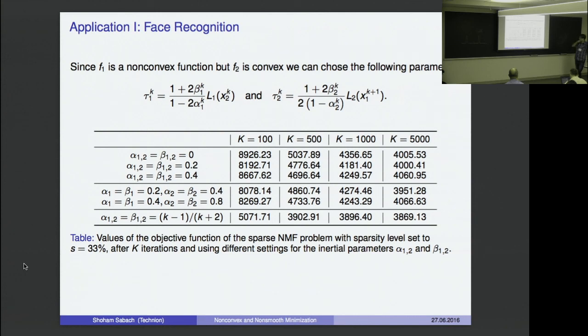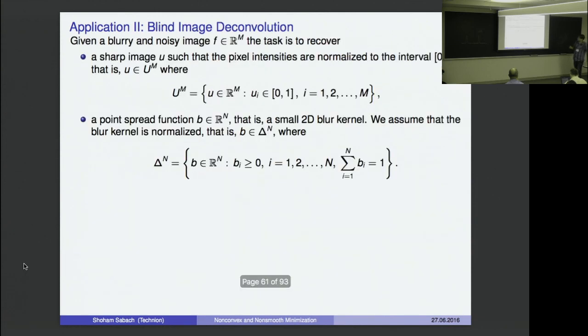Okay, another application is the well-studied but yet challenging blind image deconvolution. I guess you're all familiar with the problem, so I will skip the exact details, but we are given a blurry and noisy image F. We would like to recover both the kernel and a sharp image U, which should satisfy this constraint, so it should be normalized into the interval [0, 1].